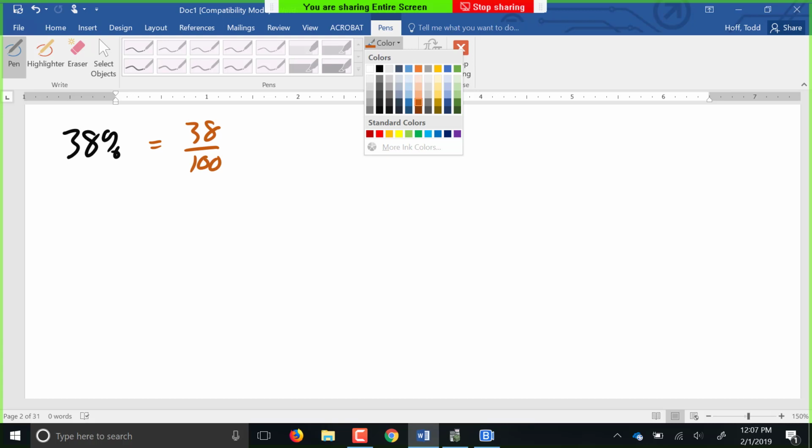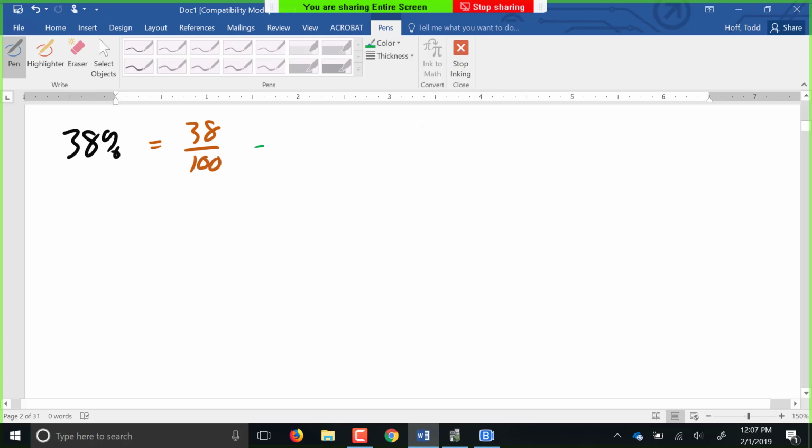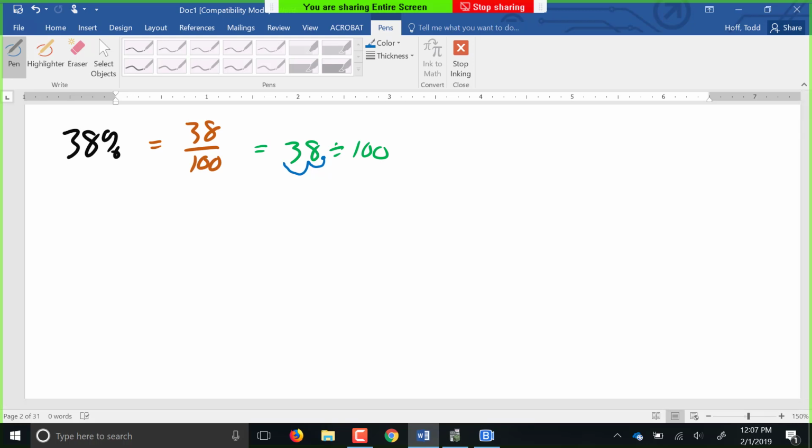When we divide by 100, all it does to our number is move the decimal point. So we think of this as 38 divided by 100. The decimal point on the 38 is right there. We move it over 2 spots. Multiplying by 100 moves the decimal point to the right 2 spots. Dividing moves it to the left 2 spots. So 38 divided by 100 is just 0.38.